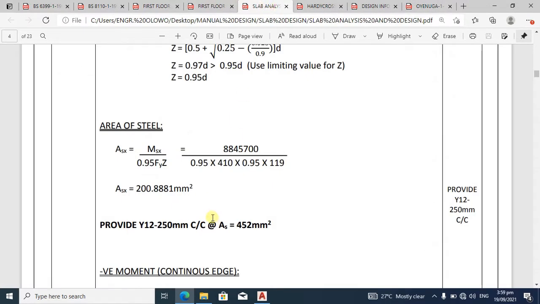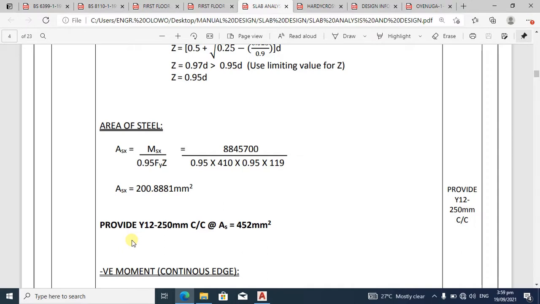I will advise you to always keep your minimum area of steel provision around this value, because experience has shown that iron benders do compromise spacing for reinforcement because they do not know the implication of increasing the spacing.